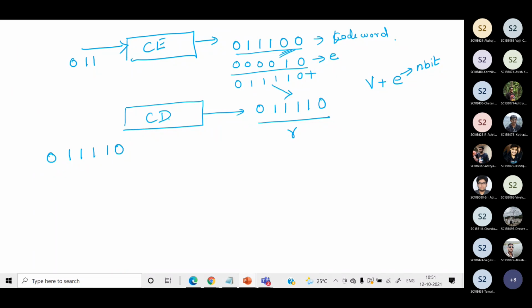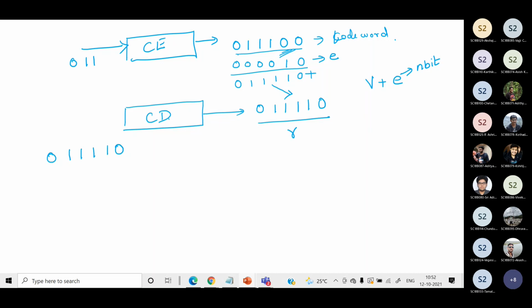If more bit errors occur, will it be able to identify the correct transmitted code word based on minimum distance decoding? The answer is no. Each channel encoding has a capability of how many errors it can detect and how many bits it can correct. Only that many errors it can detect and correct.